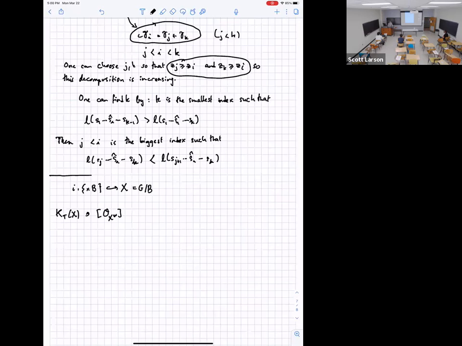If we pull this back in equivariant K theory, we get an element in the equivariant K theory of just the point xb, and the equivariant K theory of a point is just the representation ring.